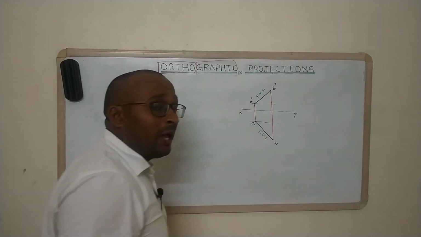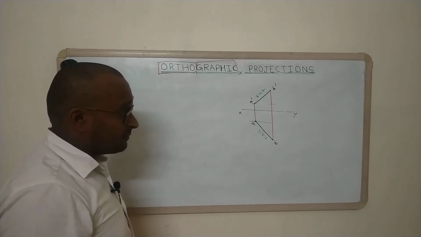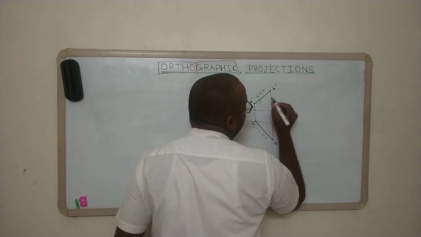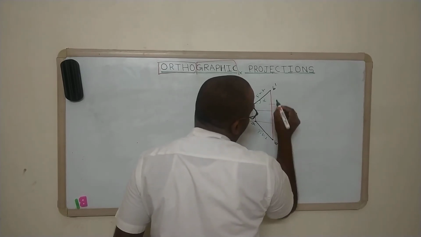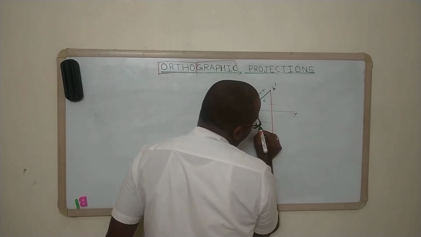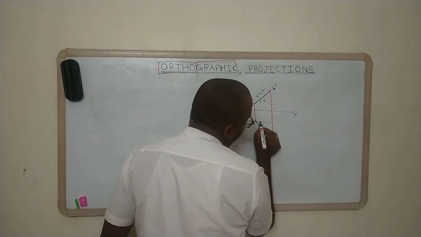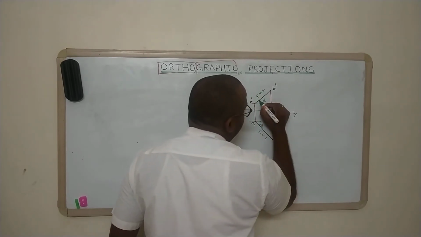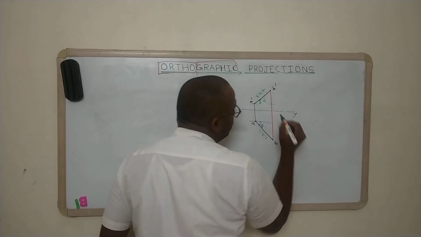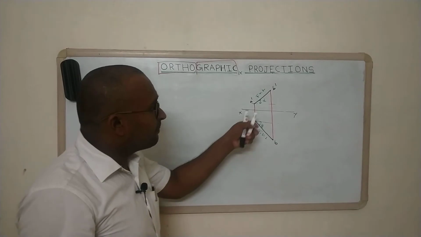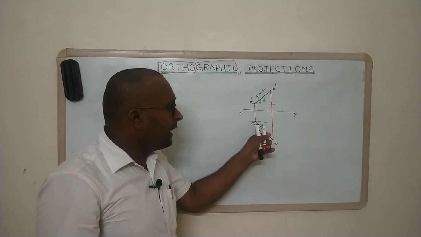And then these two lines are making an angle of alpha and beta. Initially true inclinations are represented with theta and phi, and then these two will be represented with alpha and beta.